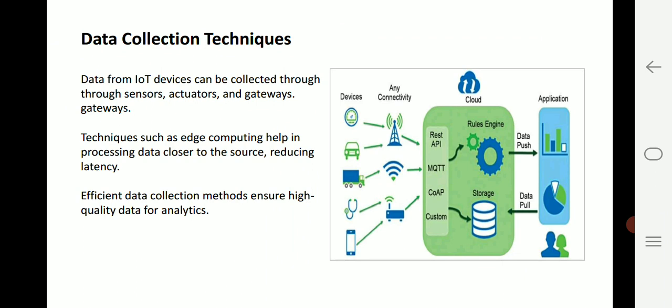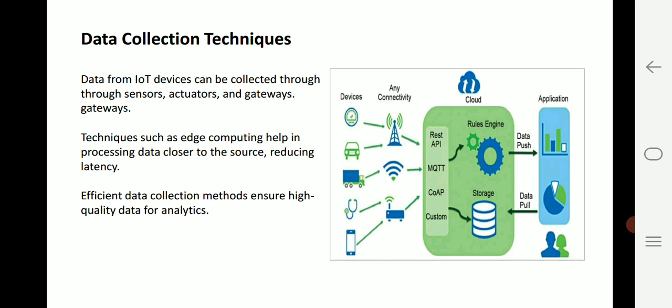Here, latency means delay in getting clear data. Efficient data collection methods ensure high quality data for analytics. If you want quality data analytics, we must use efficient data collection, and then only you get high quality data.